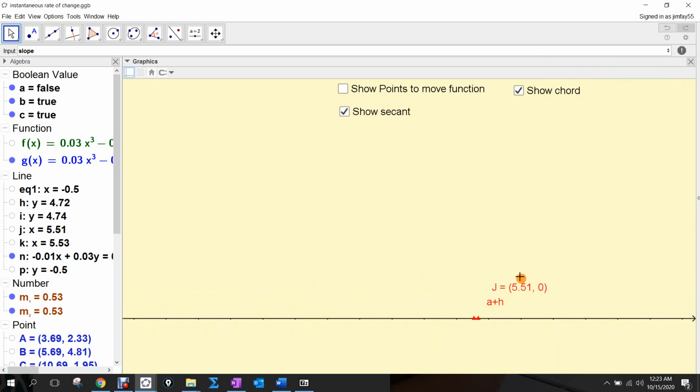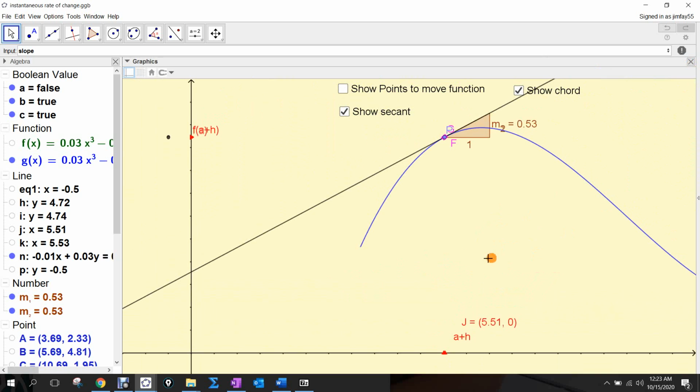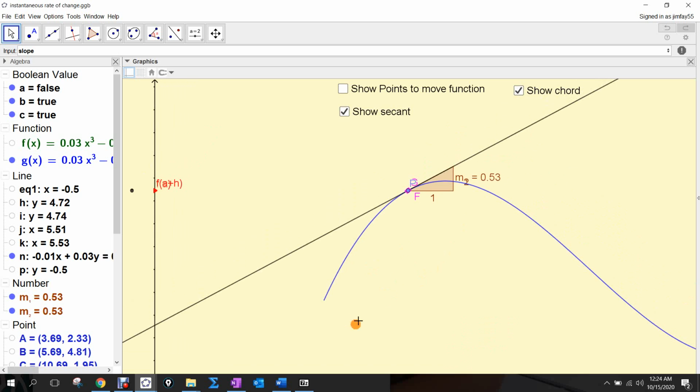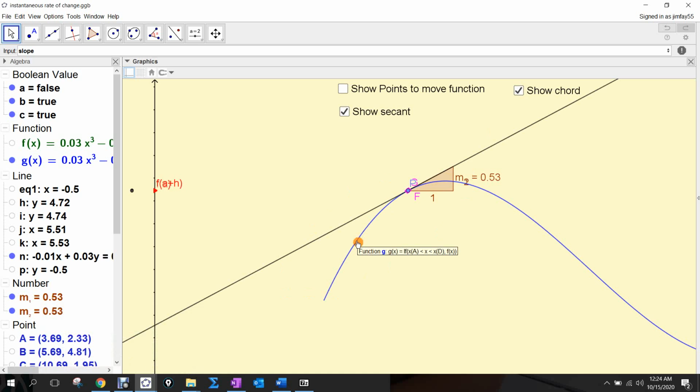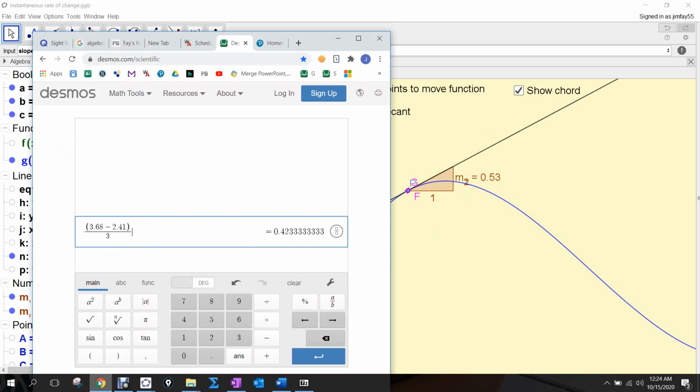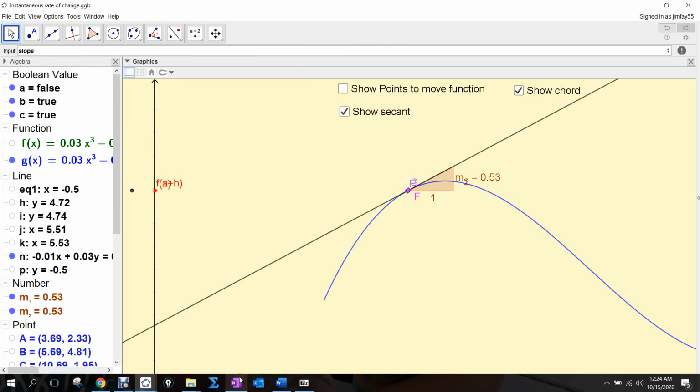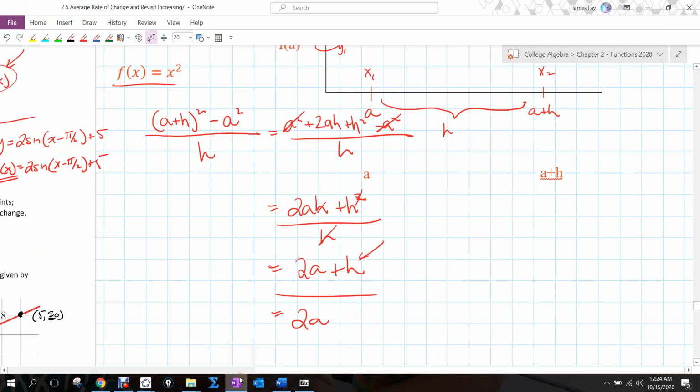That's not going to work based off the way I've got this set up. It's not going to show you the relationship. But basically, what goes on here is this becomes essentially a rule for finding the slope anywhere on my graph.